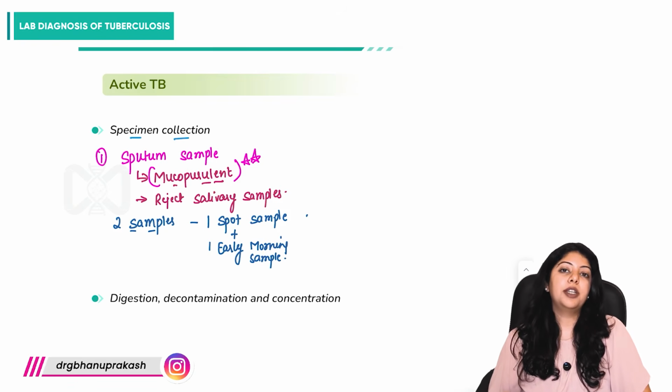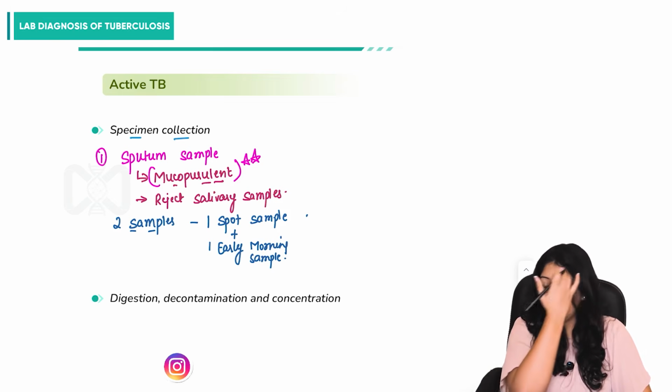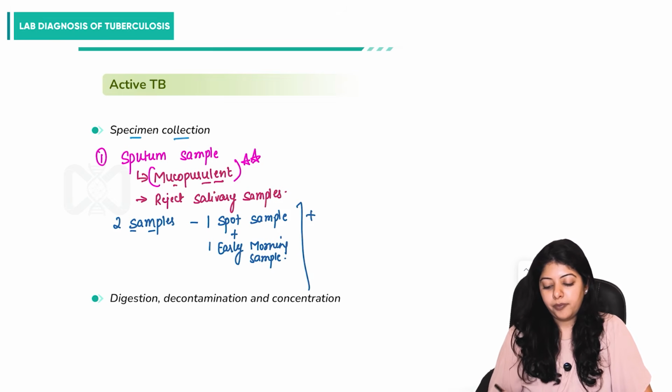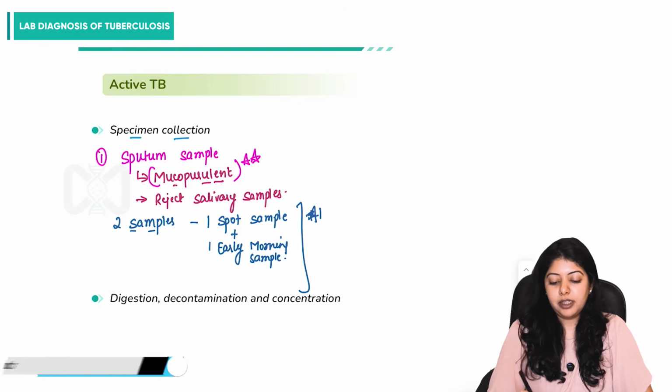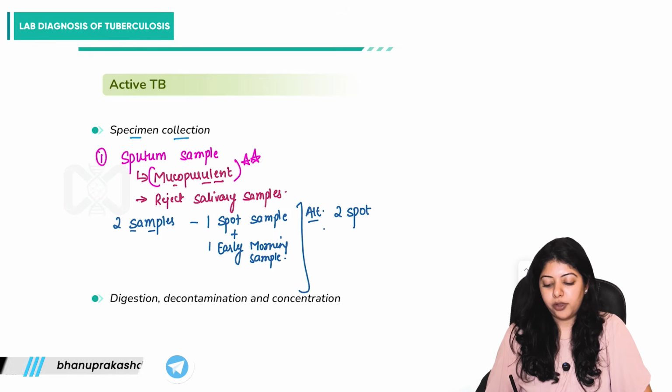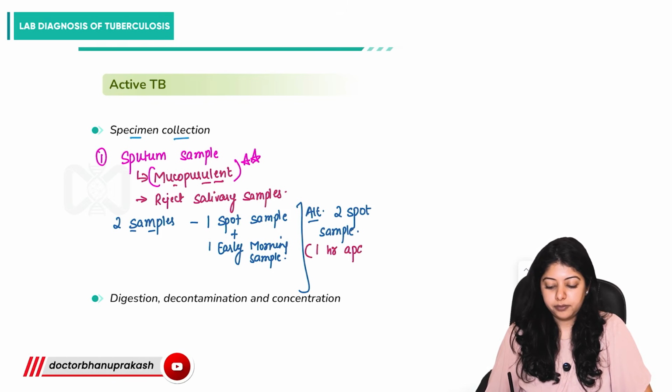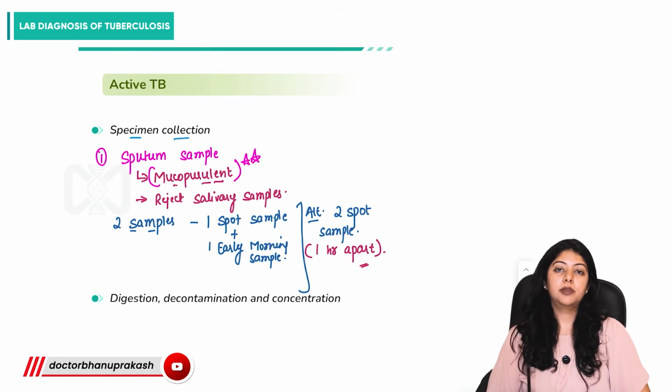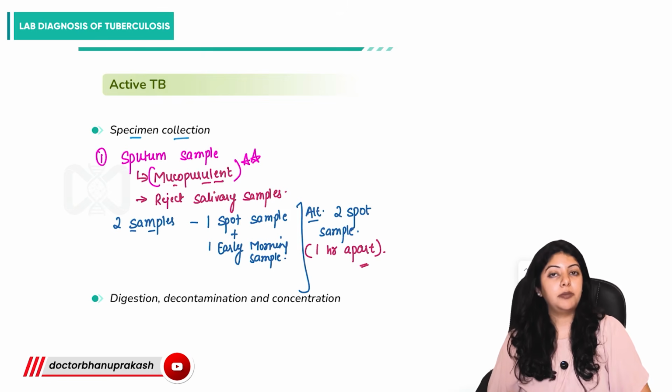Alternatively, if the patient is unable to provide the next day early morning sample, we will ask him to give us 2 spot samples at least 1 hour apart. So that is how we ask the patient to give us sputum samples.